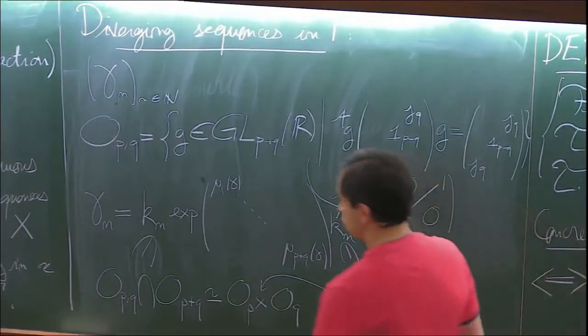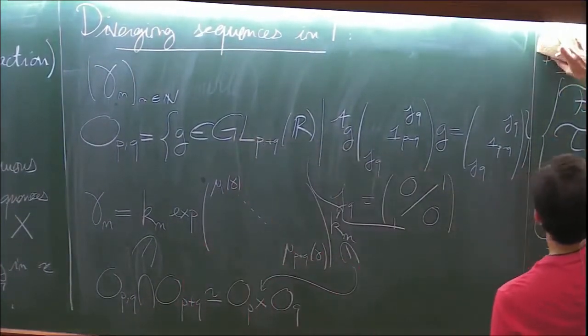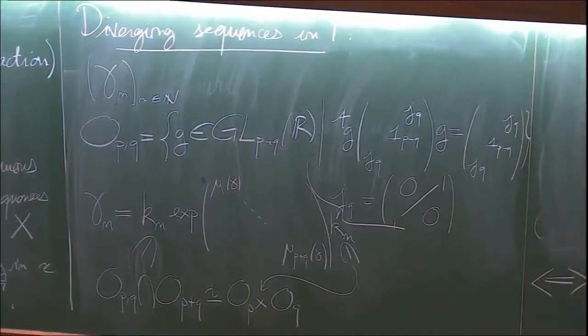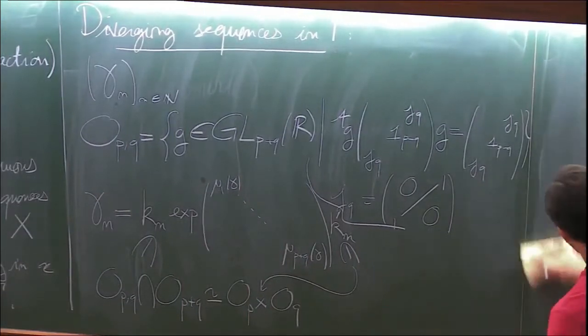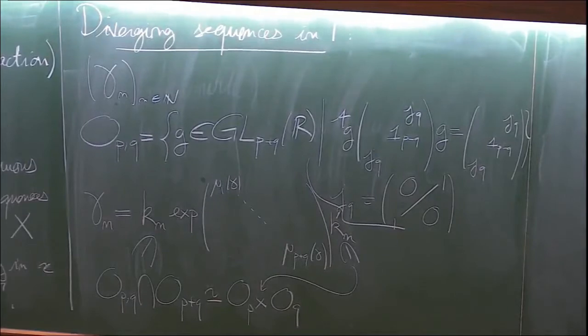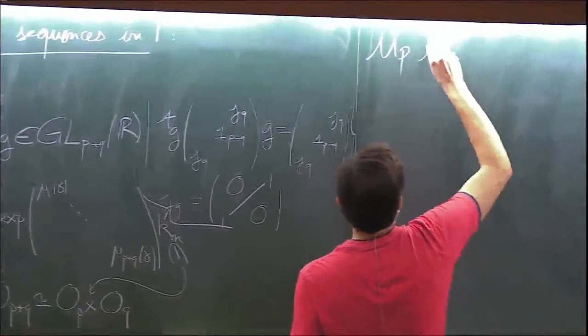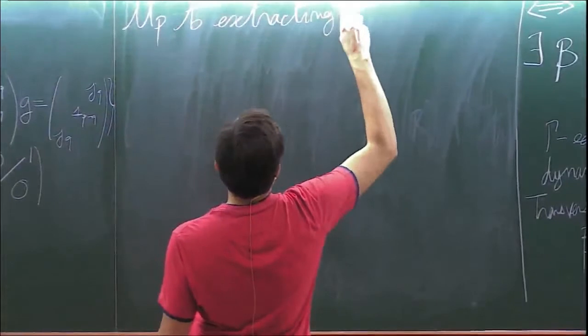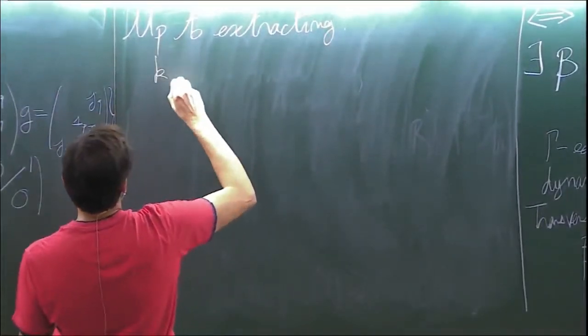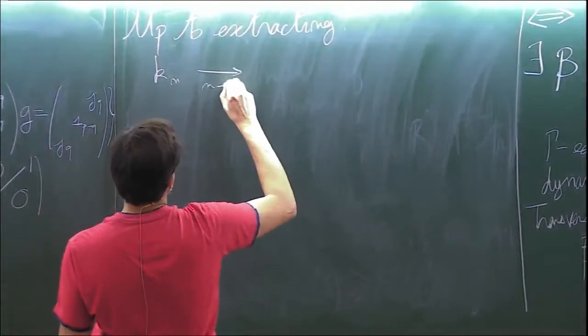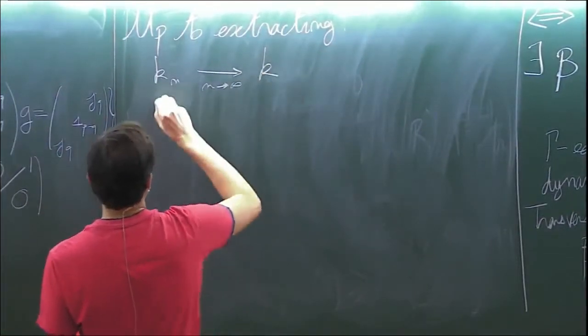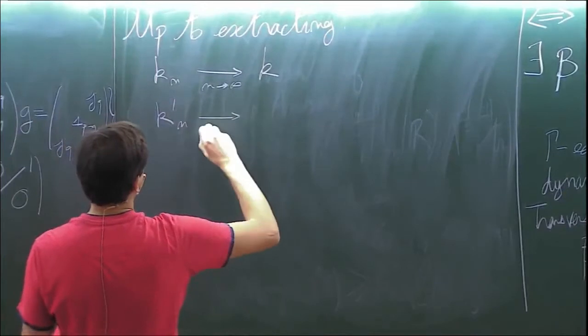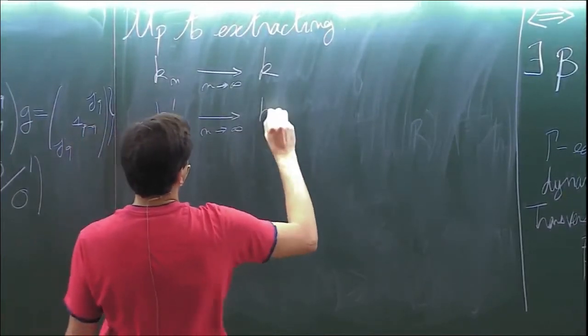Okay. So up to extracting, I can assume that the sequences Kn and K prime n converge. Kn converges to some matrix K, K prime n converges to some matrix K prime.